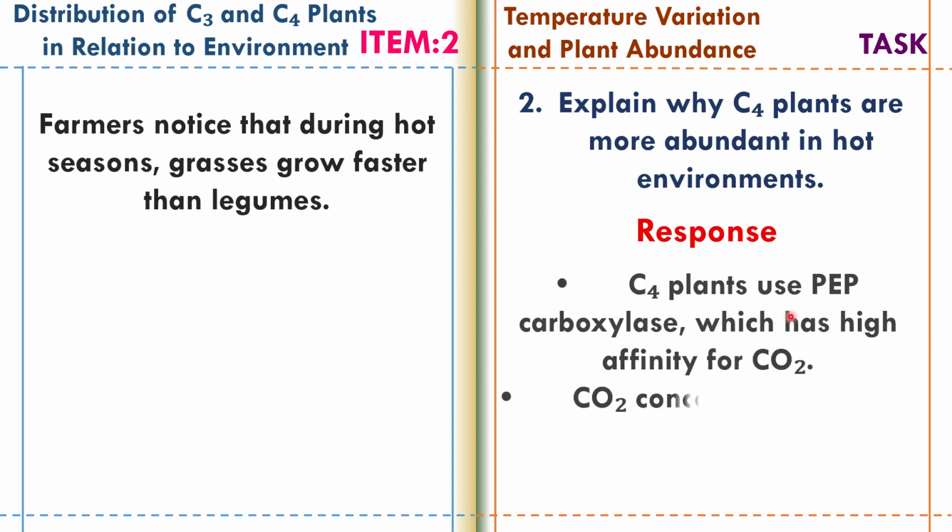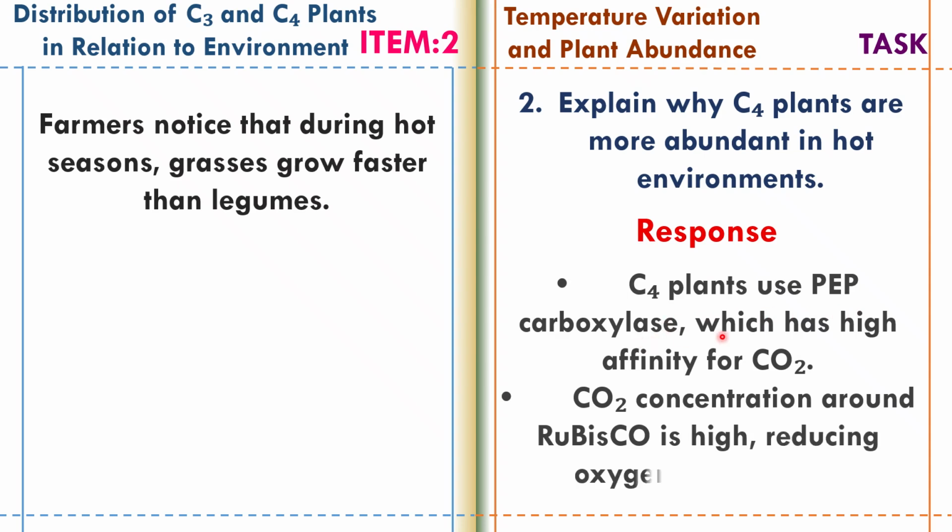C4 plants use PEP carboxylase, which has a high affinity for carbon dioxide. Carbon dioxide concentration around rubisco is high, reducing oxygen competition.